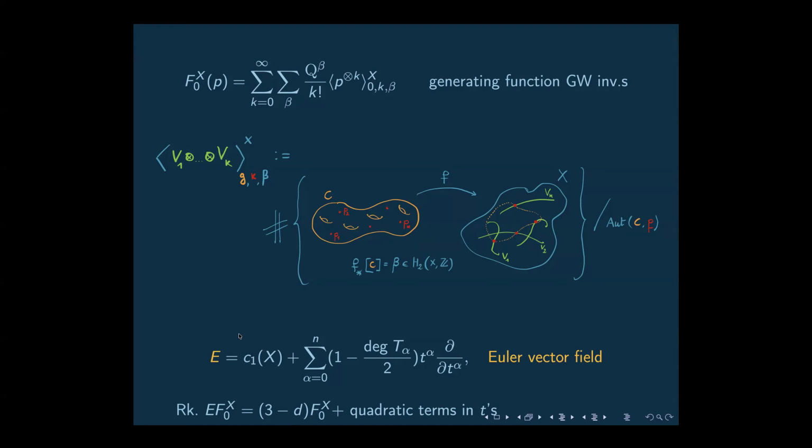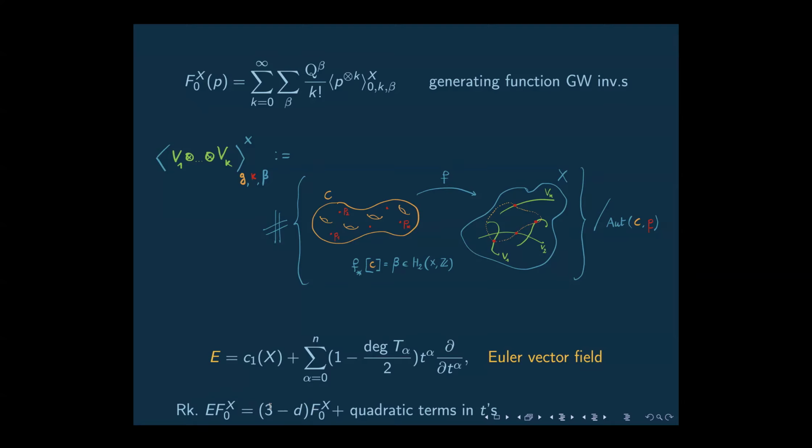And indeed, such a vector field satisfies the following remarkable identity. If you take the derivative of a generating function with respect to such a vector field, what you obtain is a scalar multiple of the same function.